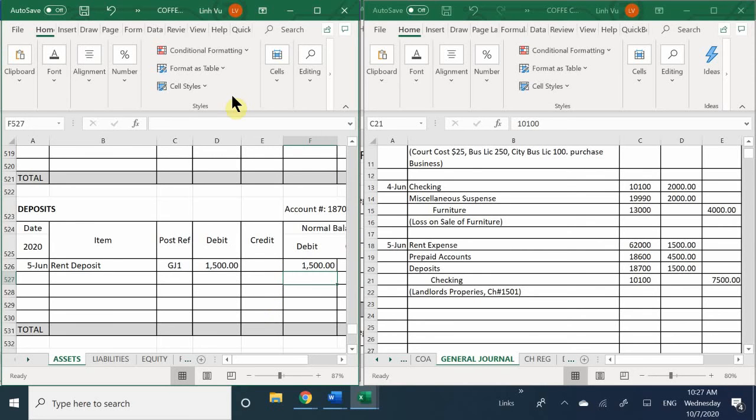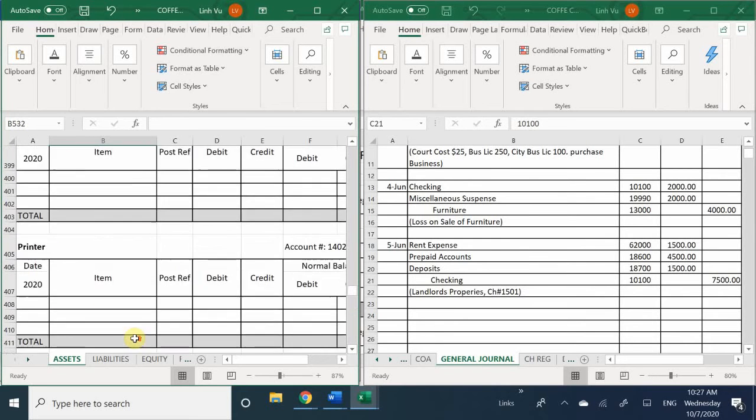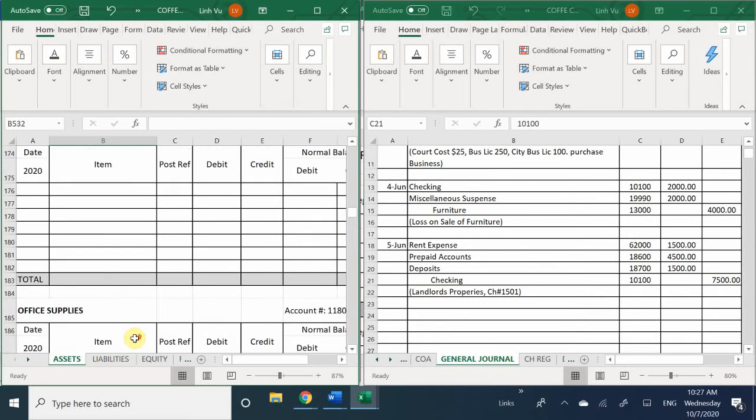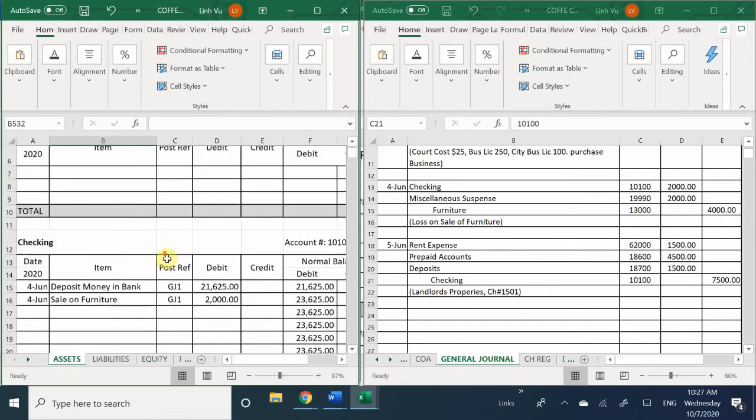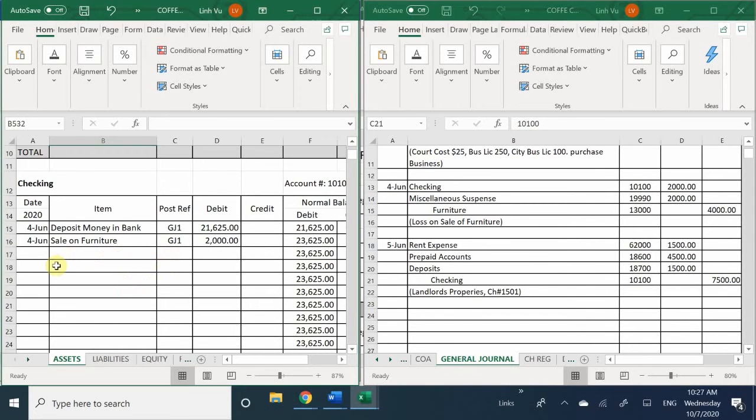Okay. The last thing I'm going to enter is my checking account, which should be all the way up at the top, because that's the most readily available cash item that you have, as well as the first thing you should have. So this is also on page 1 in the Word worksheet.